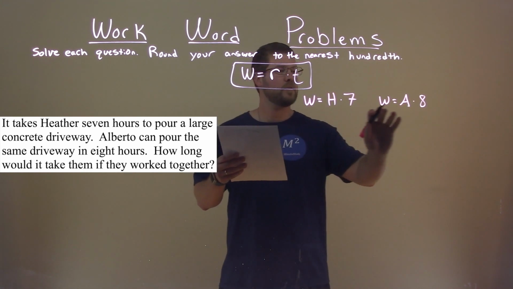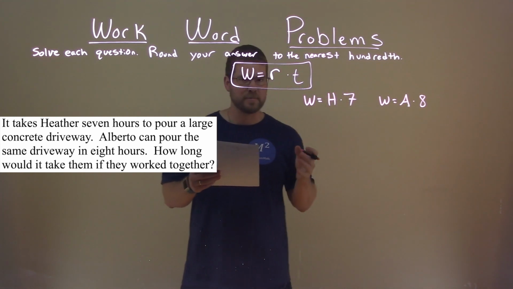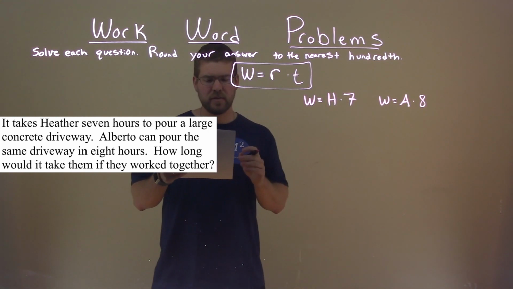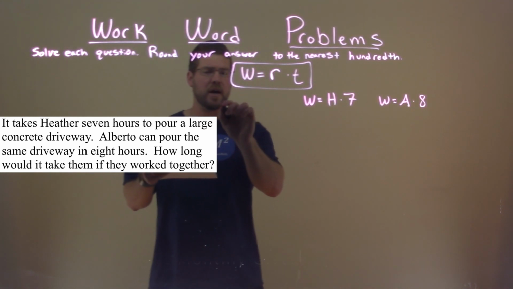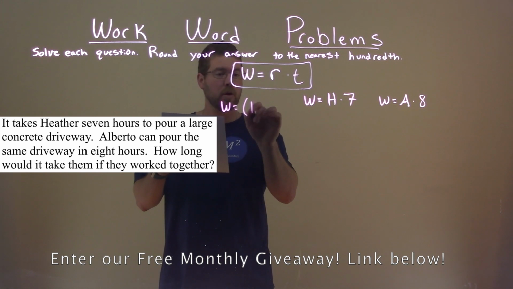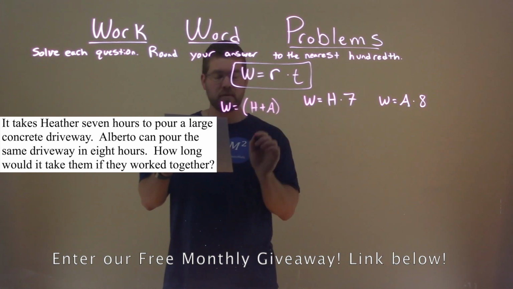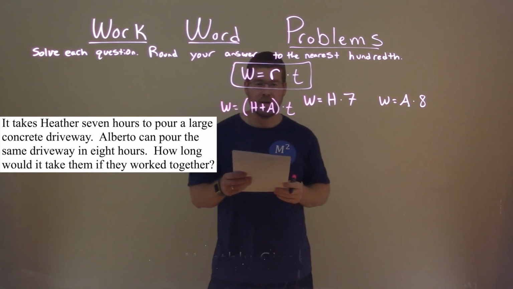So now we have two little equations here that we can use later. Now lastly, they ask us what it would take if they worked together. So that same job is going to involve them working together, so both of their work rates added, H plus A, times some time T, which we want to find.